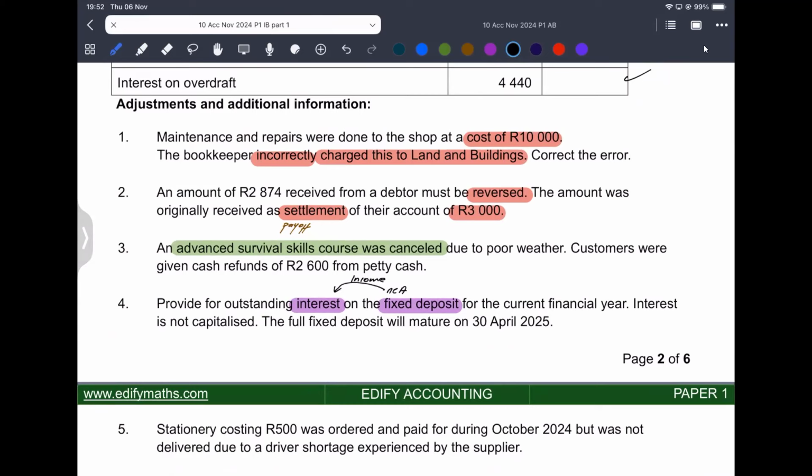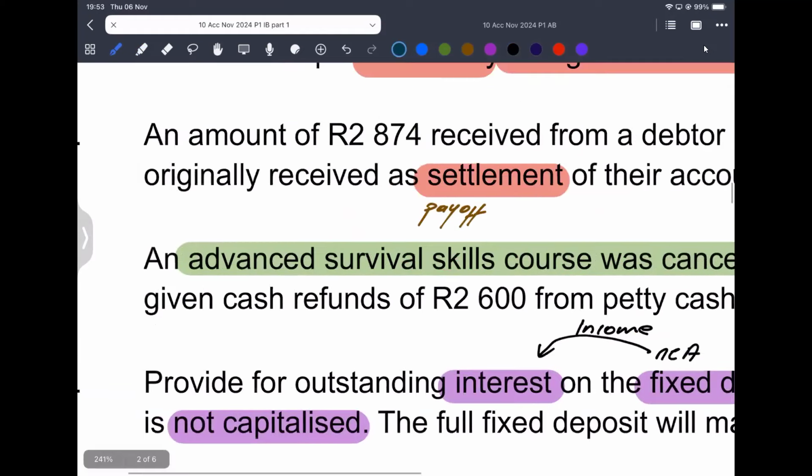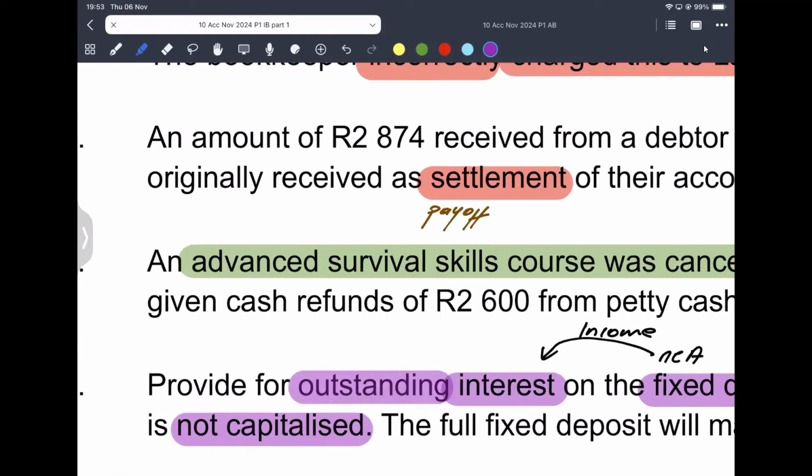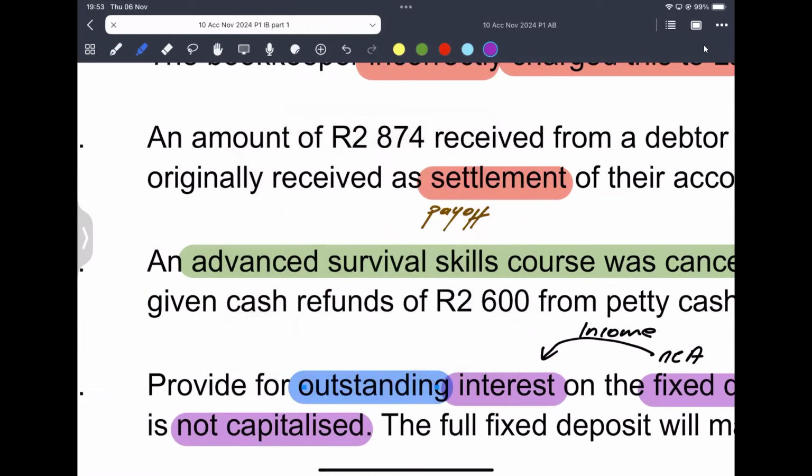Okay, so they say here provide for outstanding interest on the fixed deposit for the current financial year. Okay, interest is not capitalized. That's where I said to you, because it is not capitalized, it means that any outstanding interest will be recorded as interest income.